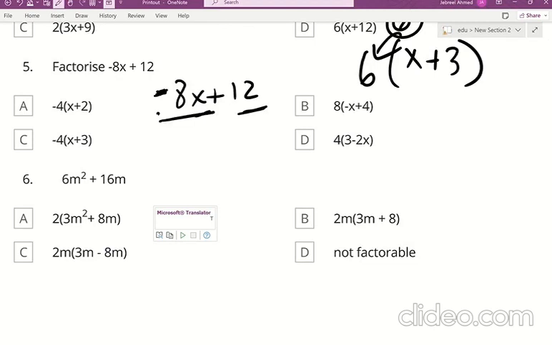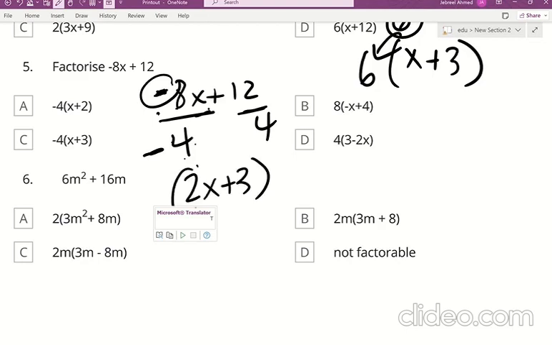We could divide both of these numbers by 4, but I'm going to divide by negative 4 because I want to take this negative out of the bracket. So negative 8x divided by negative 4 is 2x, plus 12 divided by 4 is 3. I'm going to take the negative 4 and put it before the bracket.